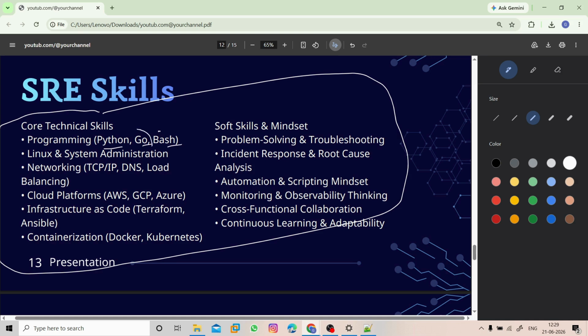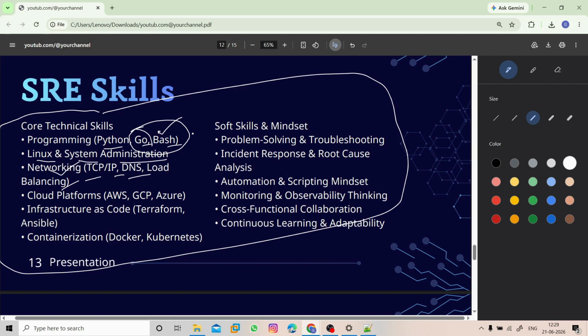Most people use Bash and Go, but in this course I will tell you Bash. Next, Linux and system administration, and after that learn networking like TCP/IP, DNS, and load balancing.